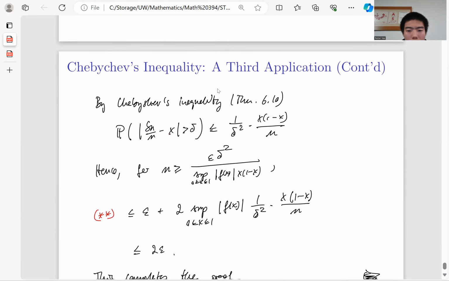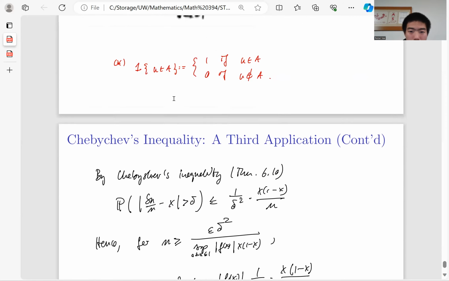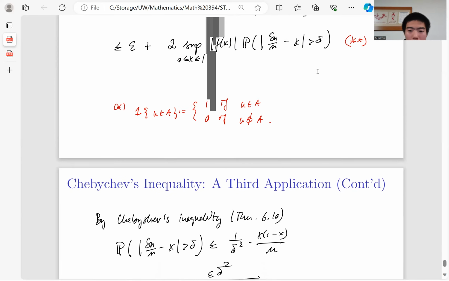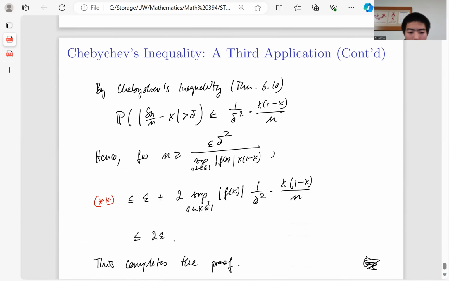And finally, we use some usual practices from real analysis and apply the Chebyshev inequality here. This term is the probability of something larger than a value, so by Chebyshev inequality, it is smaller or equal to this term. So instead, we can find out.